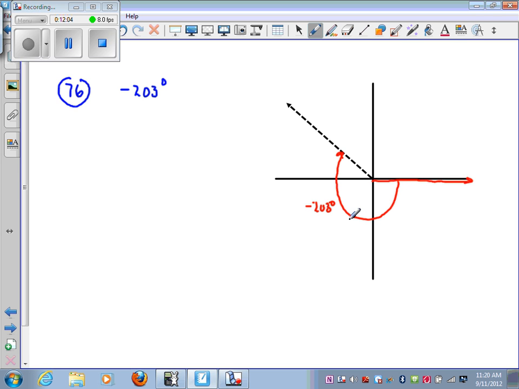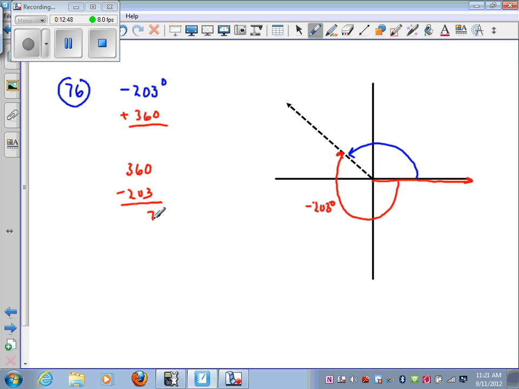Now it says the least positive. So what you want to do is come back around here, and we want this angle right here. That's the least positive. So if I take this angle, minus 203, and I add 360 to it, that's one rotation, I'd get the least positive. So I'm essentially subtracting these. I'm technically taking 360 and subtracting 203.